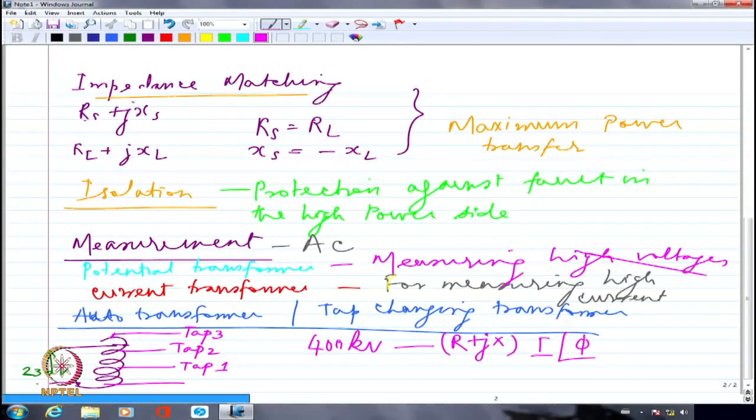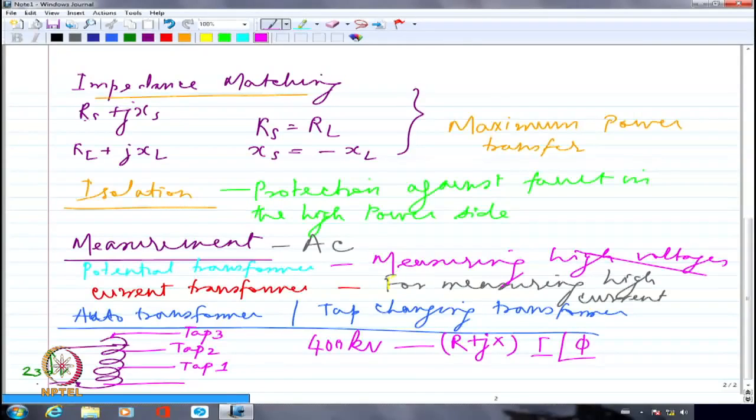So if the drop is lower, originally let us say I was getting 400 minus this drop was maybe 380 kV, and I was expecting 380 kV only at the end of the generator terminal or the final terminal of the transmission line. But now it might go as high as 390 or even like 395 kV. My equipment may not be able to withstand the 395 kV.